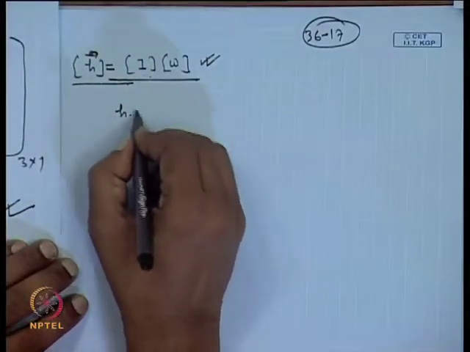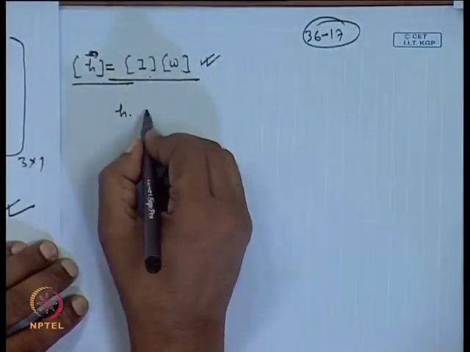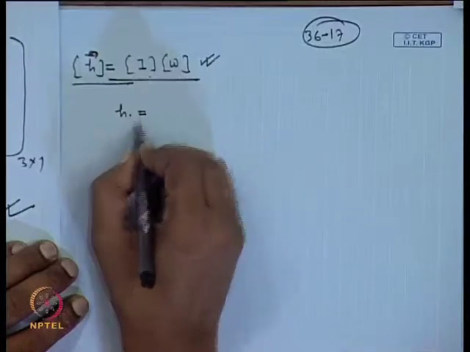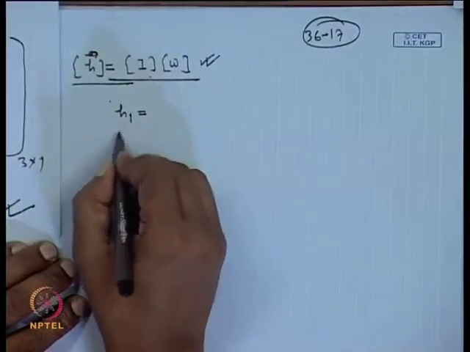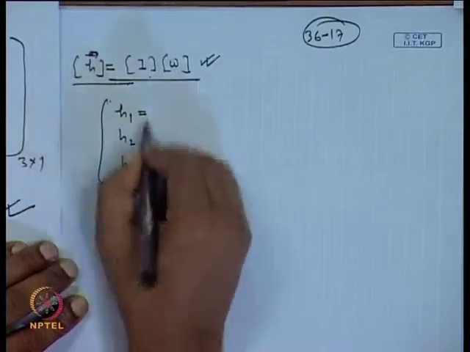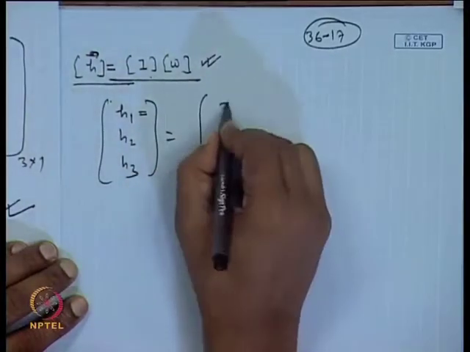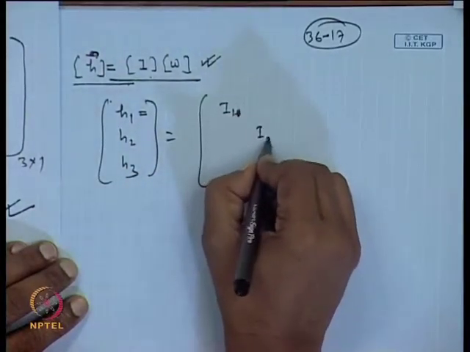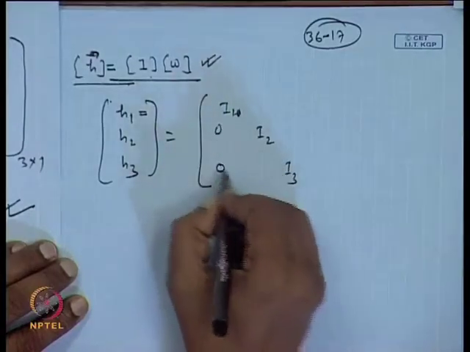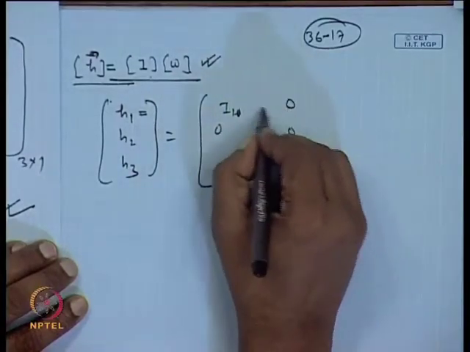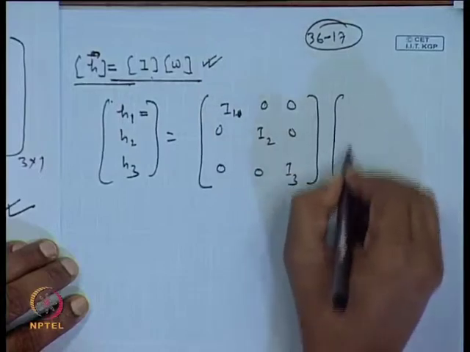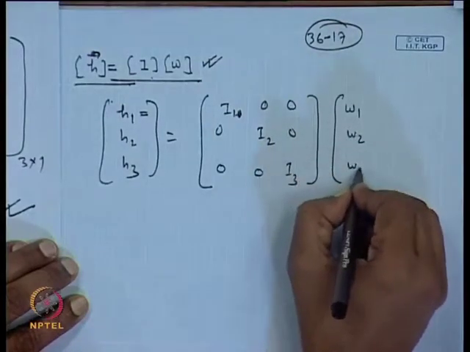So, let us write this as H equal to H 1, H 2 and H 3, and we write this as I 1, I 2, I 3, rest other terms 0, and here we write omega 1, omega 2, omega 3.